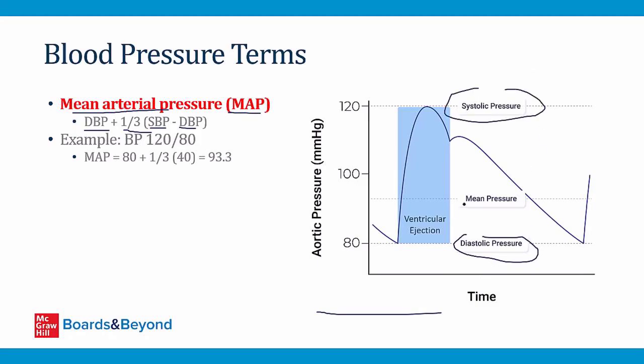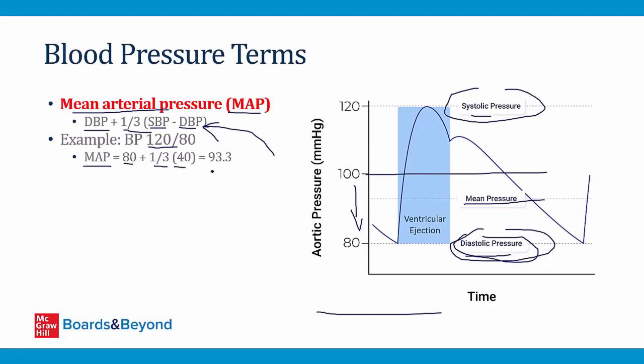So when you're determining the mean arterial pressure, it's not going to be right in the middle between the systolic and the diastolic pressure. It's actually going to be closer to the bottom, because we spend more time in diastole. That's why you use this formula to determine the mean pressure. So for example, if a patient had a blood pressure of 120/80, the MAP would be equal to 80 plus 1/3 of the difference, which is 40, and that would be 93.3.